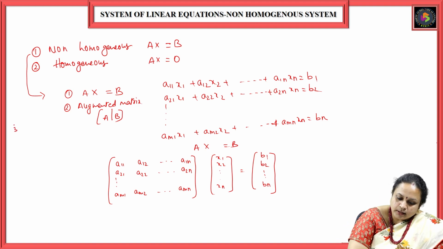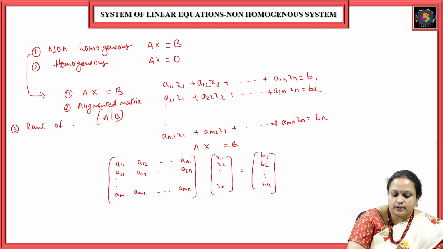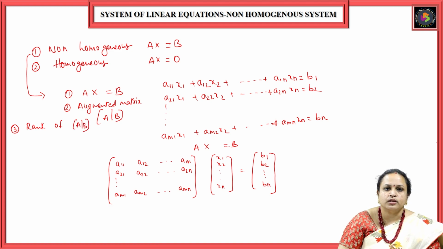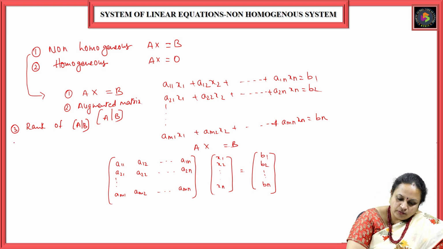Then the third step is we find the rank of the augmented matrix using echelon form. Depending on the rank of the augmented matrix, we decide whether the given system has a unique solution, infinitely many solutions, or no solution.